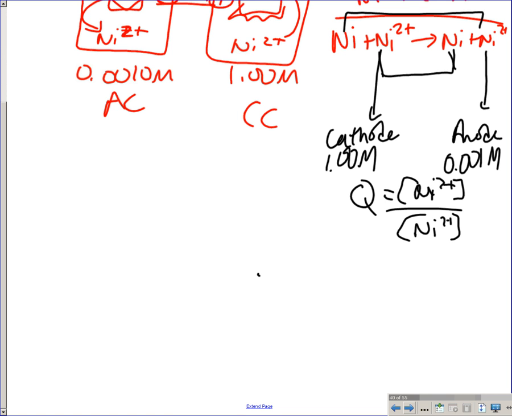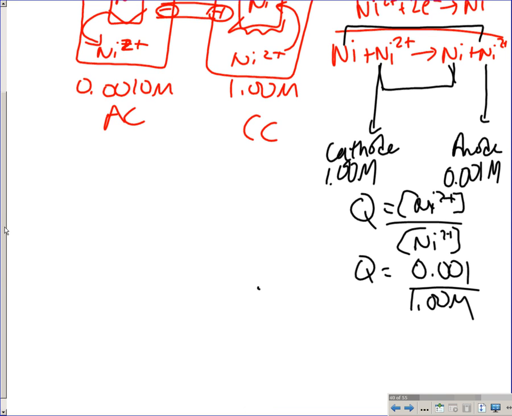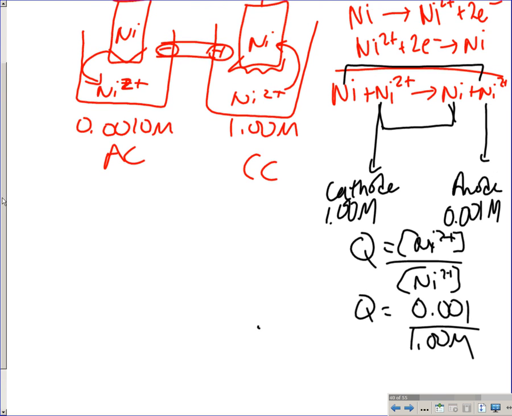Okay, so I need to know which of these ion concentrations is which. That's why you label it, so when you put your Q in, you say, oh, products, anode; oh, reactants, cathode. Okay, so I know what goes in the Q.